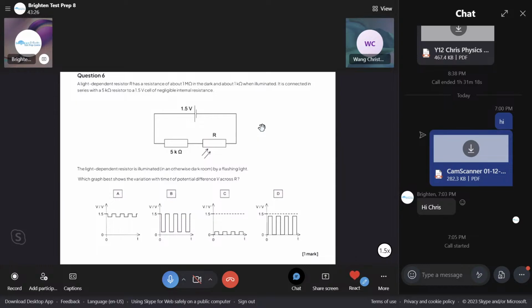I think in the dark, when it's 1 million ohm, it's 1000 to 5, so I think it's basically all the potential difference is at R. Okay. So it should be the ones touching 1.5.